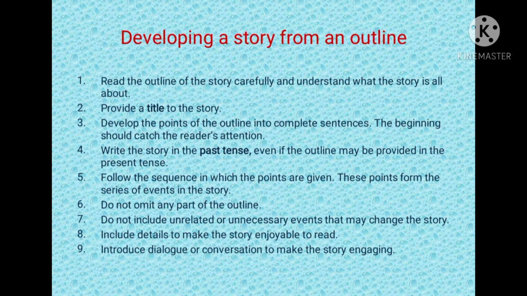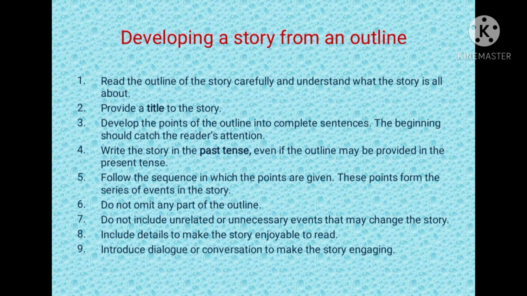To develop a story from an outline, you need to understand and follow these 9 steps. Number 1, read the outline of the story carefully and understand what the story is all about. Number 2, provide a title to the story. Number 3, develop the points of the outline into complete sentences.